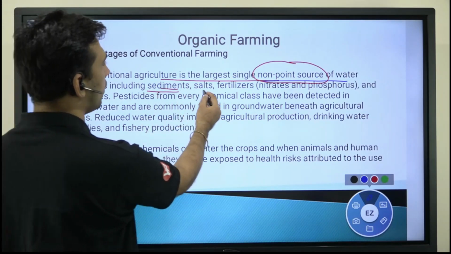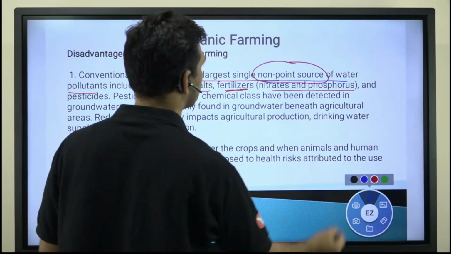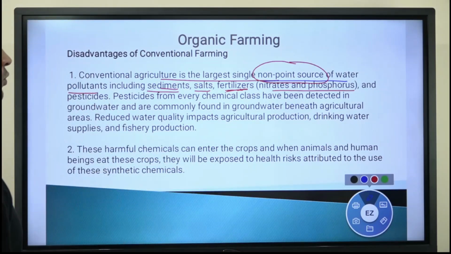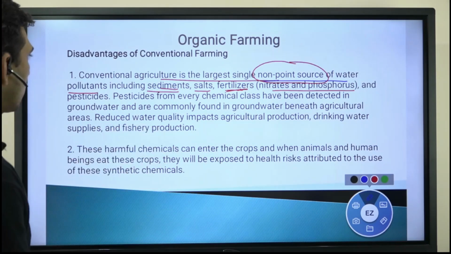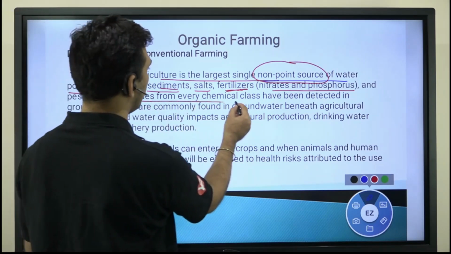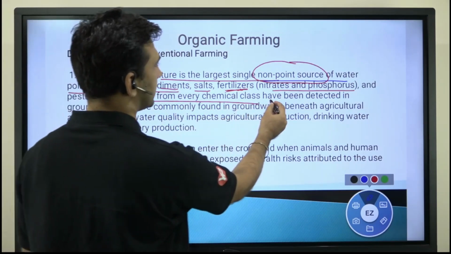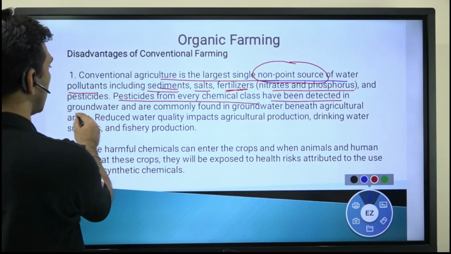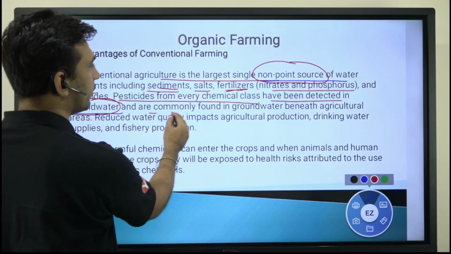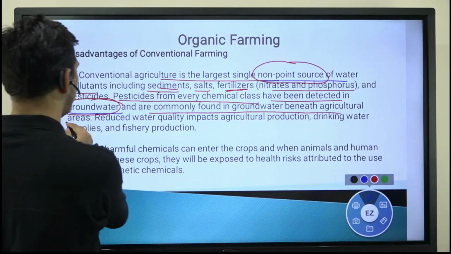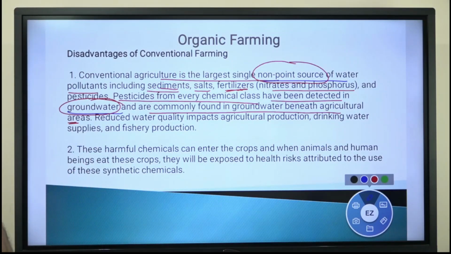Including sediments, salts, fertilizer, all those materials are carried away by that water and then discharged into the nearby water bodies, or maybe underground water also. Pesticides from every chemical class have been detected in the groundwater, and are commonly found in the groundwater beneath agricultural areas. We have already understood this.